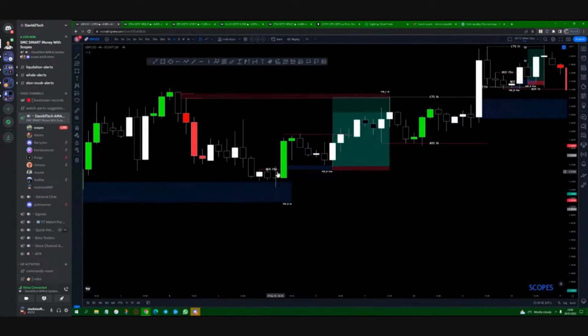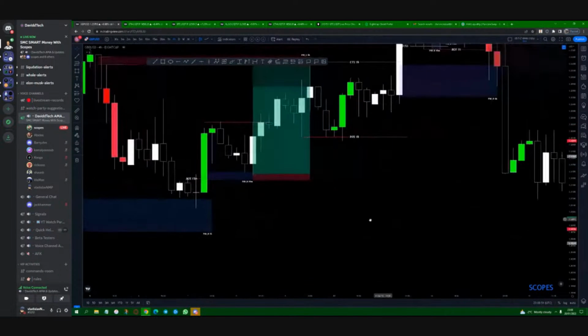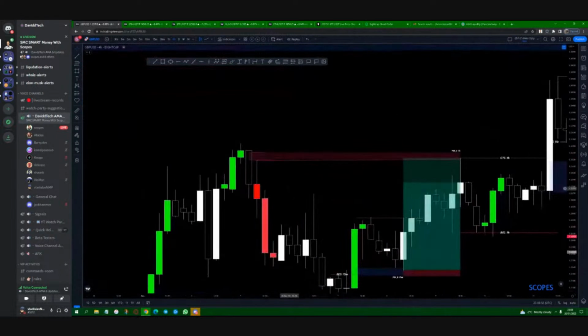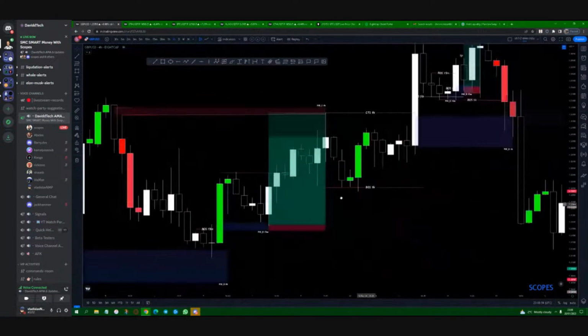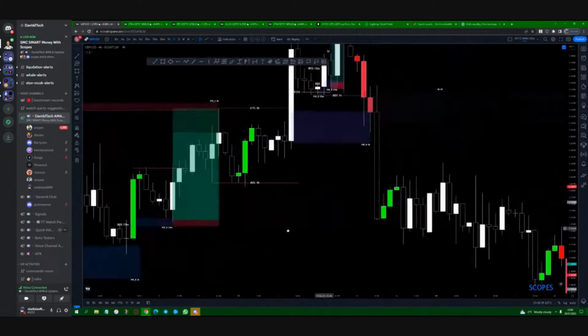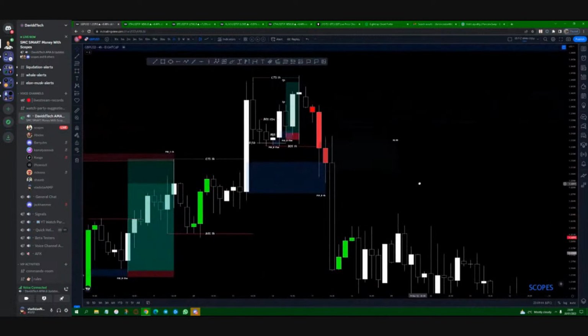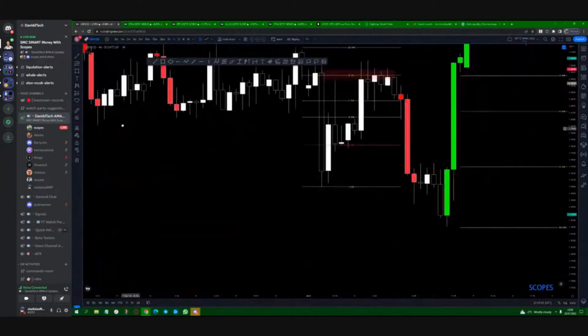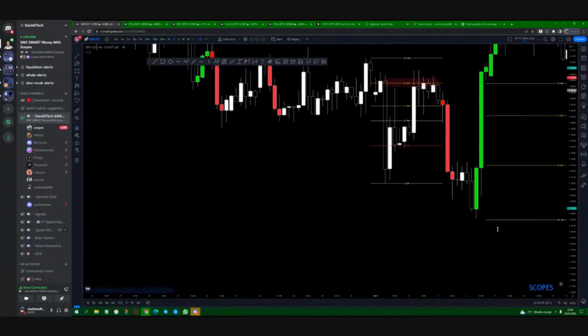Then I've fibbed from there to there on the 15-minute time frame. Found this as the POI, limit order, targeting highs, 25 reward. The same everywhere. It just works.